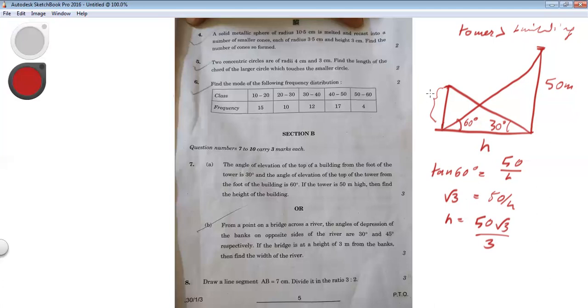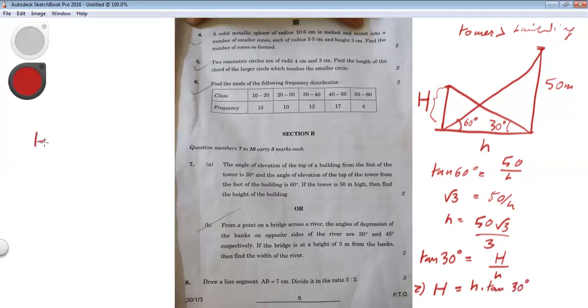Similarly, let the height of the tower be capital H, and the height of the building small h. So tan 30° will be equal to H by small h. So therefore we need to find capital H, which will be equal to h into tan 30°, right?